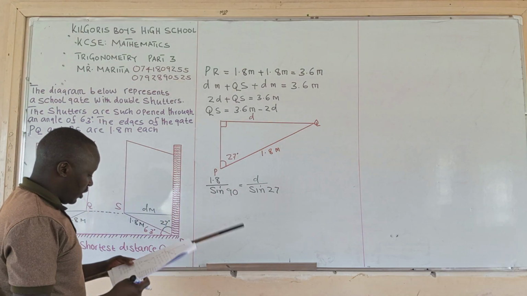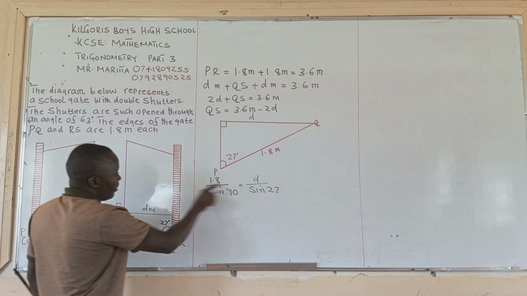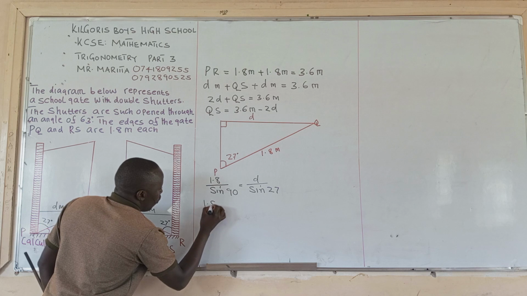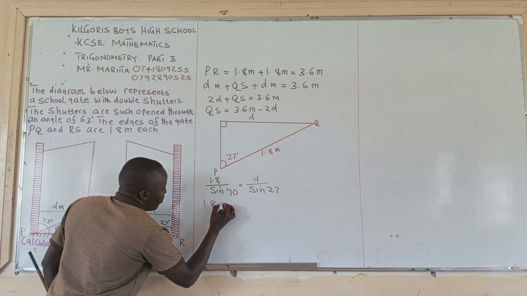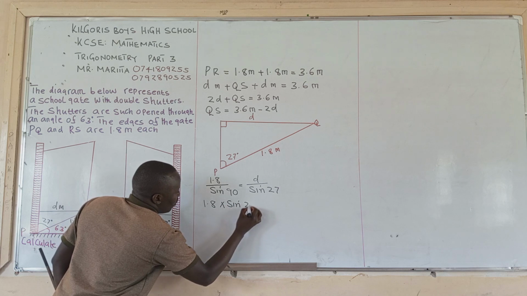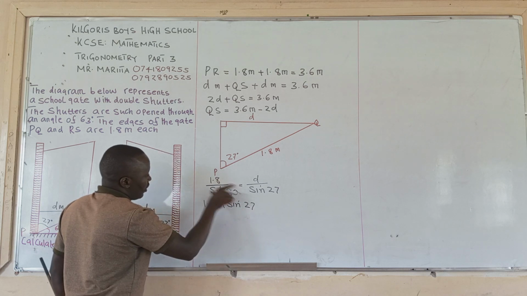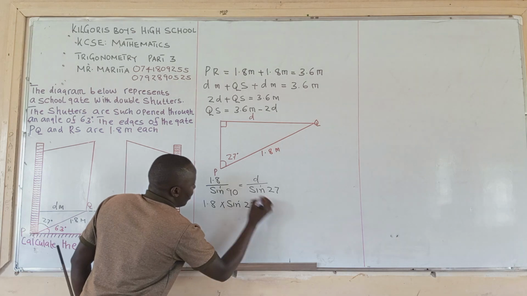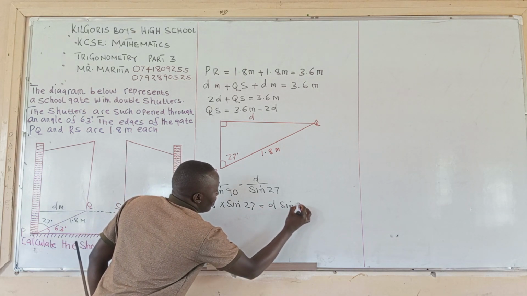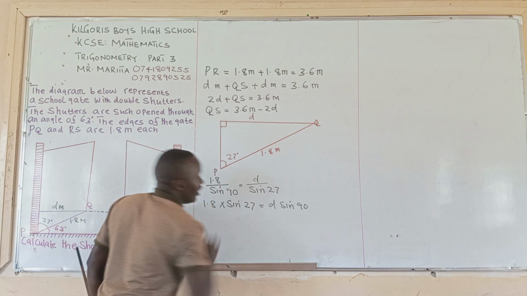So from there we proceed with cross multiplication. We have 1.8 times sine 27 equivalent to d times sine 90.